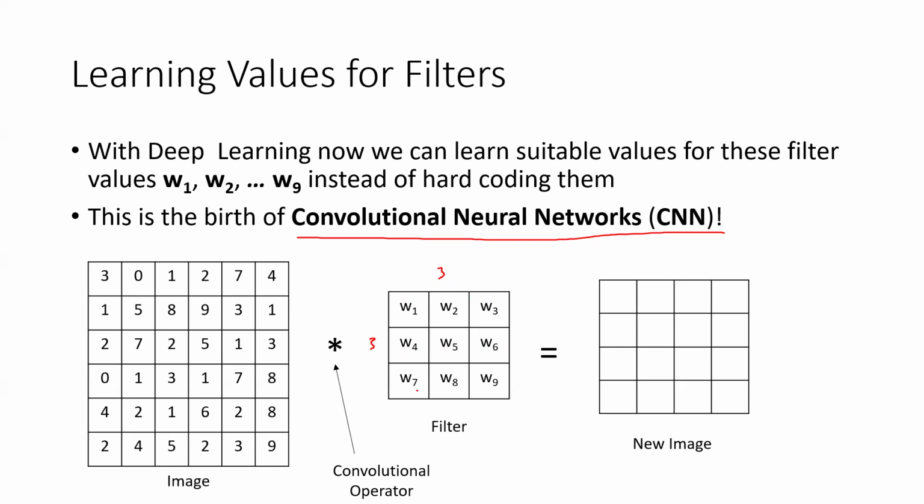Then for each image, we try to generate a new image, and then we update these filters using backpropagation, and we try to find the best values for each of these weights, so that you can have better filters when you are applying them on real world images, right? So that is the idea of convolutional neural networks.